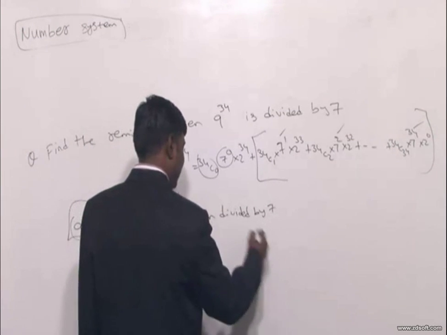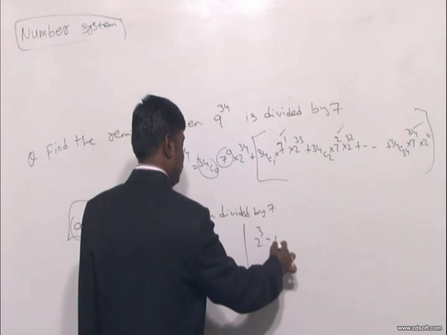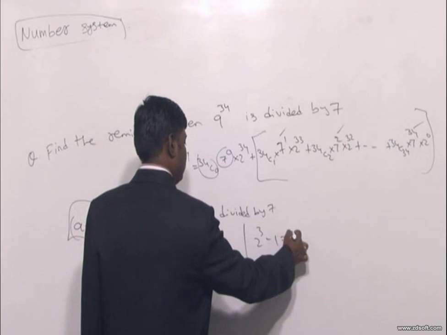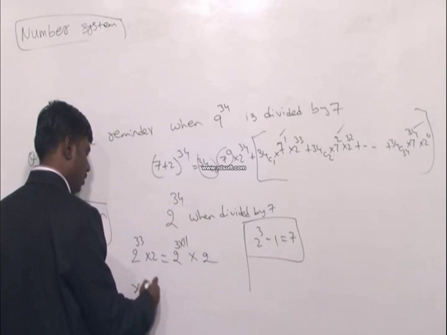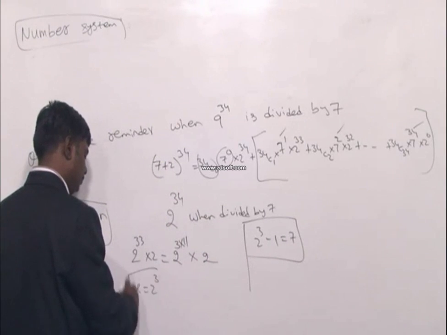Whereas 7, I can take as 2 cube minus 1. So I am taking x to be 2 cube.